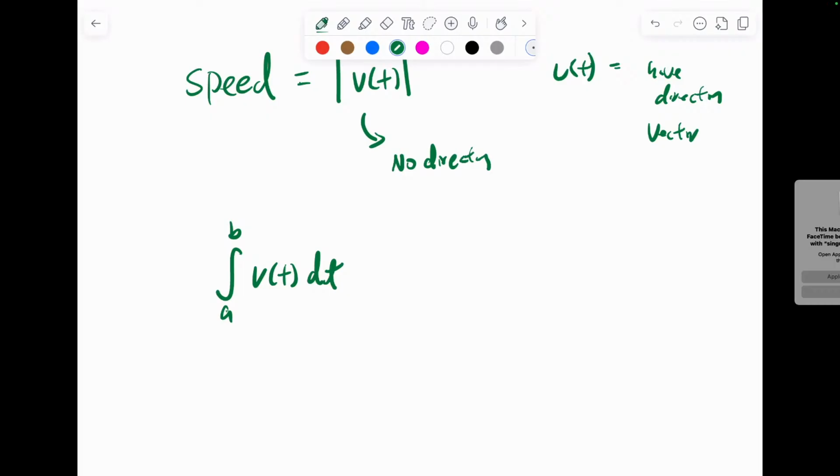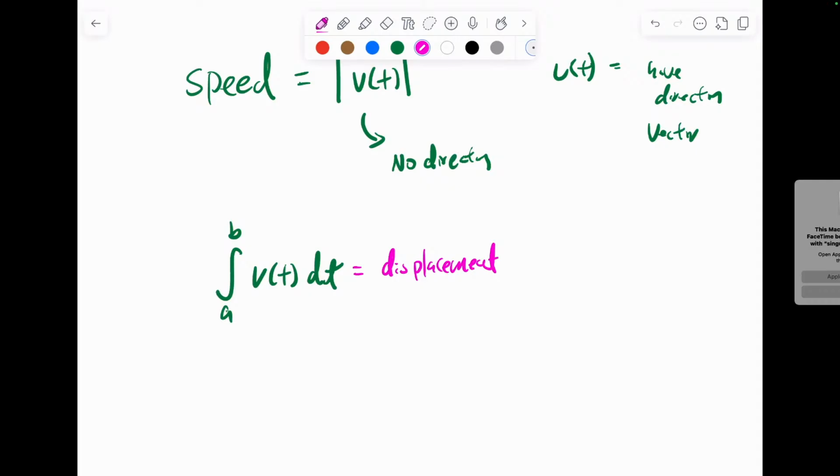What's the integration of V? S. So it will be S of b minus S of a. So that's known as total... sorry, not total. It's equal to displacement.